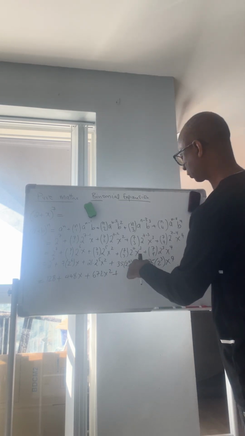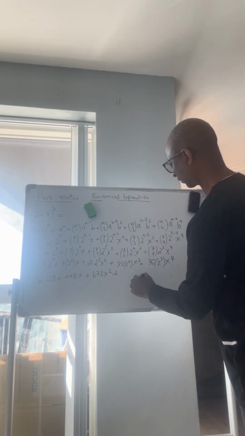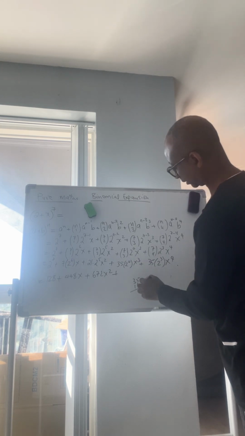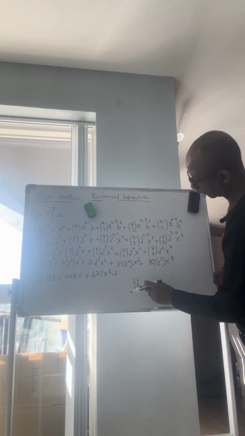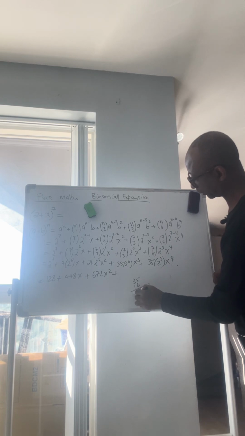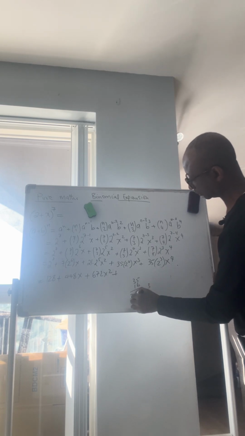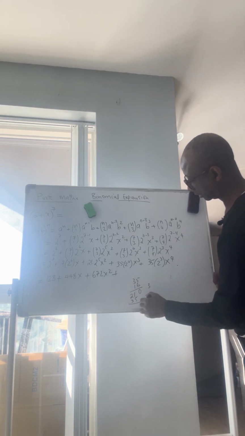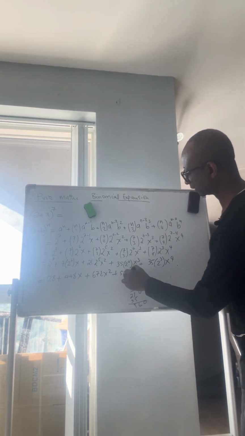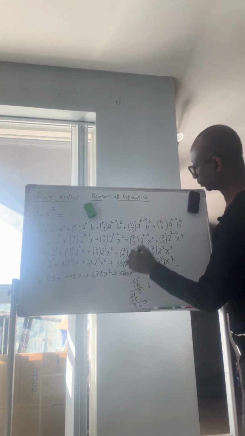Plus 2^4 is 16. So you have 35 times 16. 6 times 5 is 30, carry 3. 6 times 3 is 18, plus 3 is 21. So you get 560x cubed.